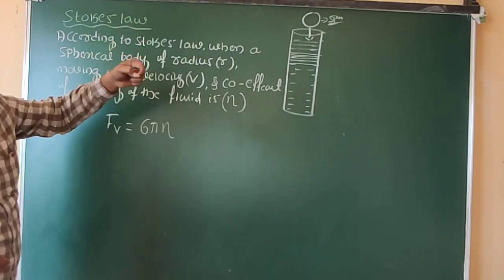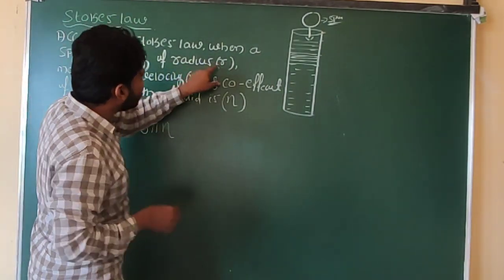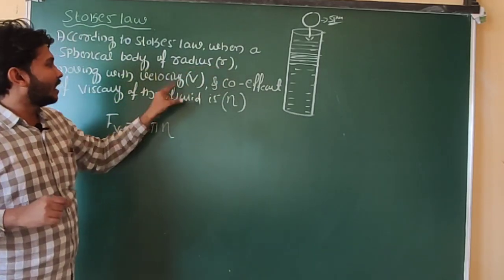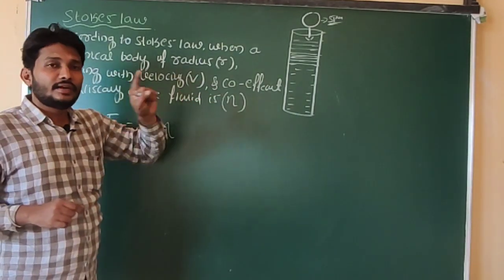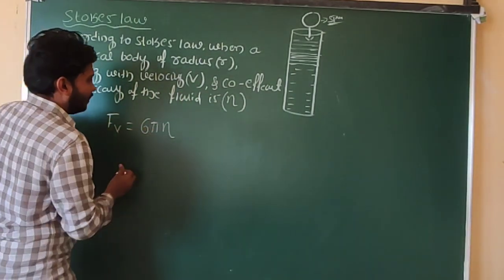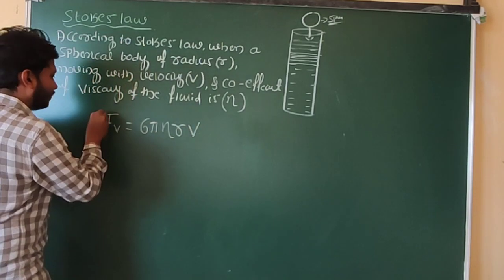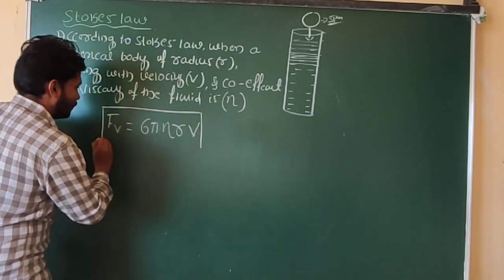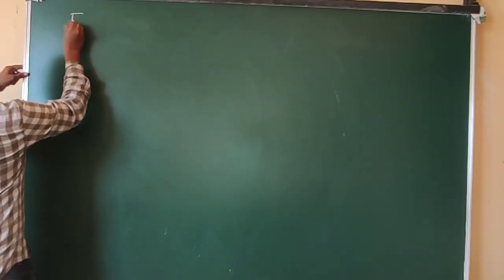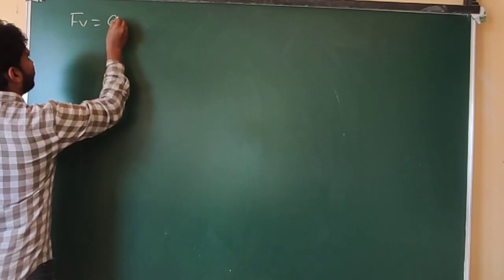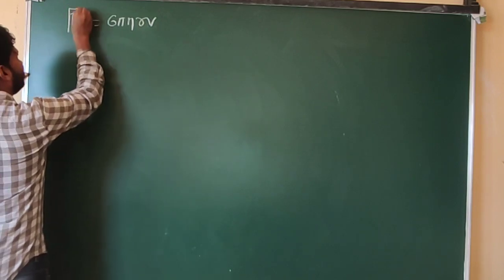So when the spherical body is dropped into a viscous fluid, having radius r and moving with velocity v, and the coefficient of viscosity of the fluid is eta, the viscous force is 6 pi eta r v. This is the expression from Stokes' law.